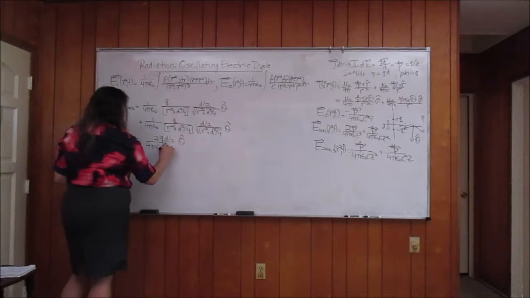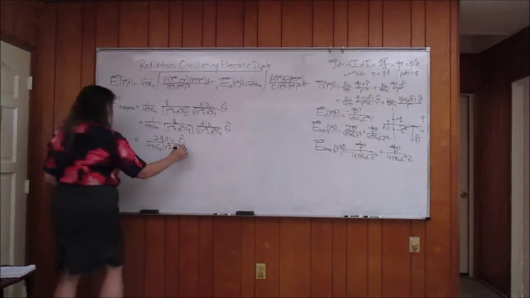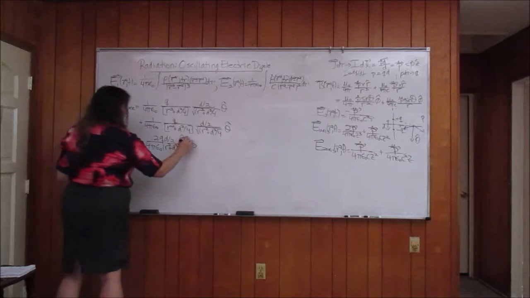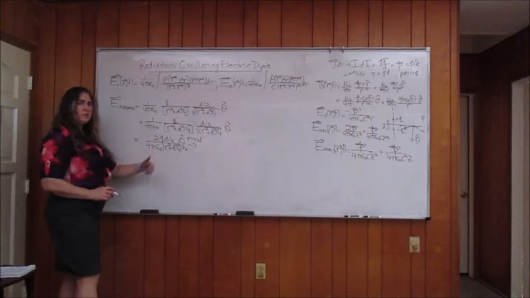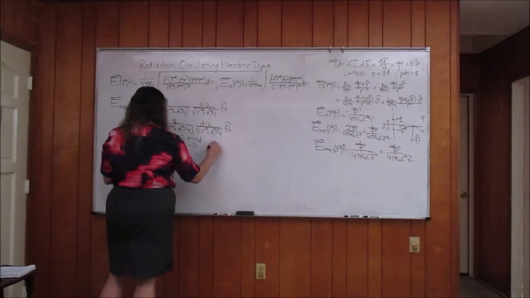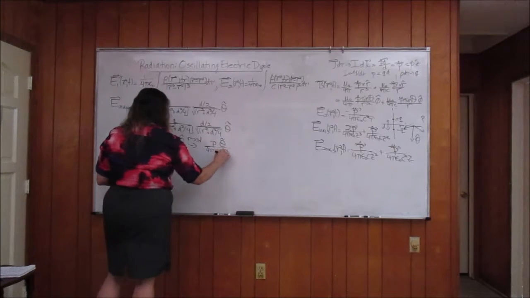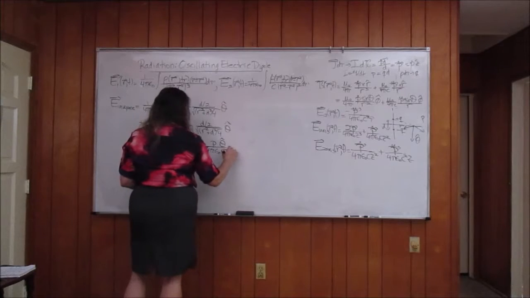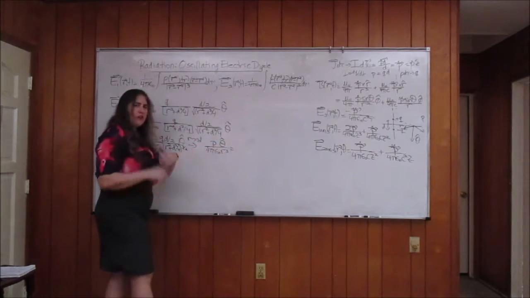And let's see. Once again, we're evaluating the field at a distance much further away than the size of the dipole. And at this particular point, the theta direction is actually equal to minus z.